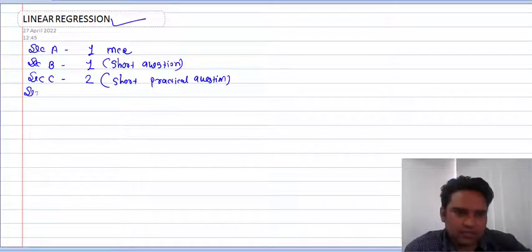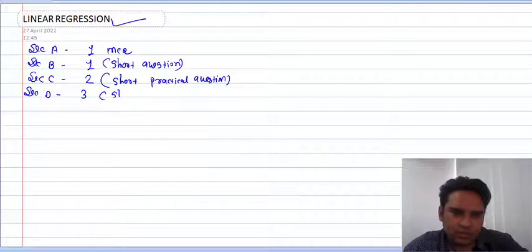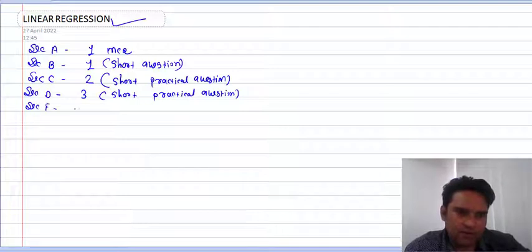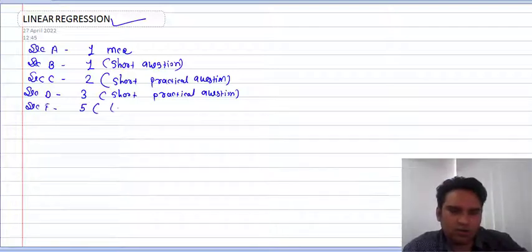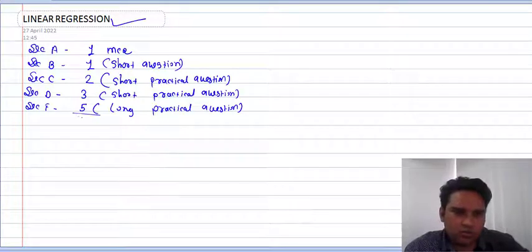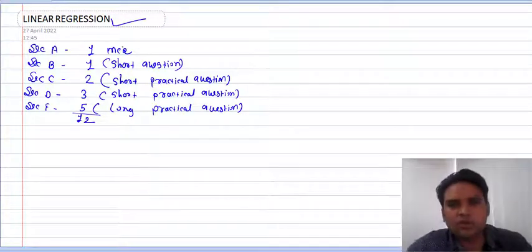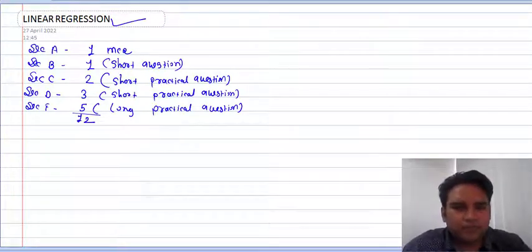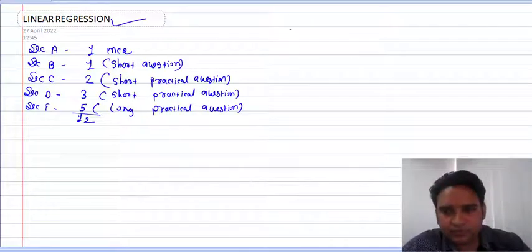In Section D, a 3 mark short practical question, and in Section F, a 5 mark long practical question. So this chapter is of almost 12 marks.